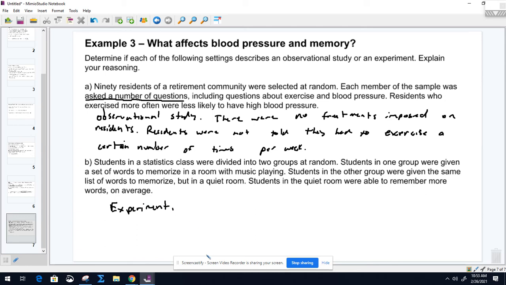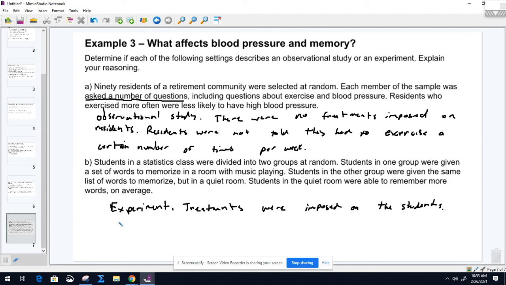Okay, and then why is this? Treatments were imposed on the students. Okay, what were those treatments?